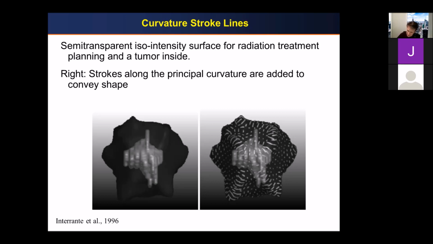So what she did was she added these strokes along principal curvatures. These are principal curvature lines that wrap around the surface, and you can detect them again with second derivative methods. Render them as strokes, and then all of a sudden you get a really good idea that there's a bulge here, another bulge here, another bulge here.